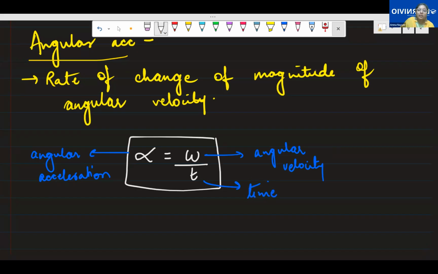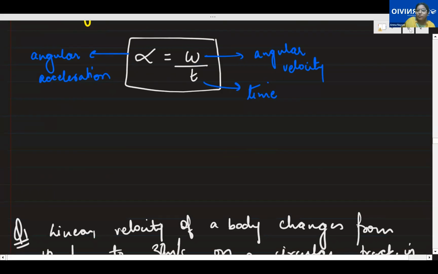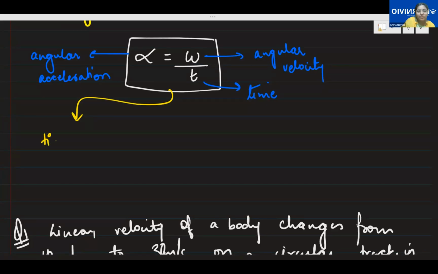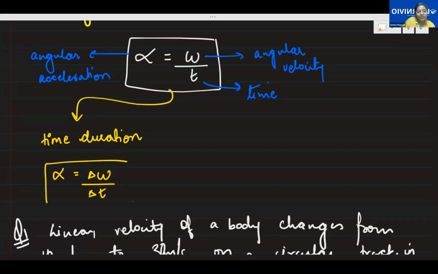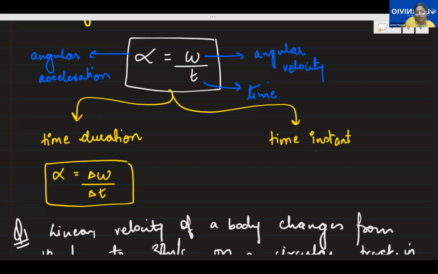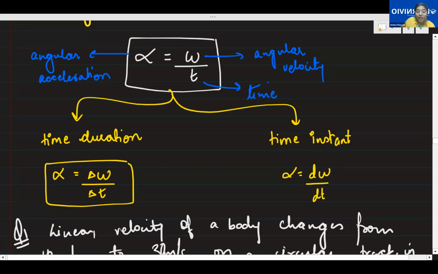So similarly, like we discussed for the velocity, here also you'll do the same thing. If a time duration is given, then alpha is equal to delta omega over delta t. And if a time instant is given, then alpha is equal to d omega over dt. D omega over dt means you will have to differentiate.